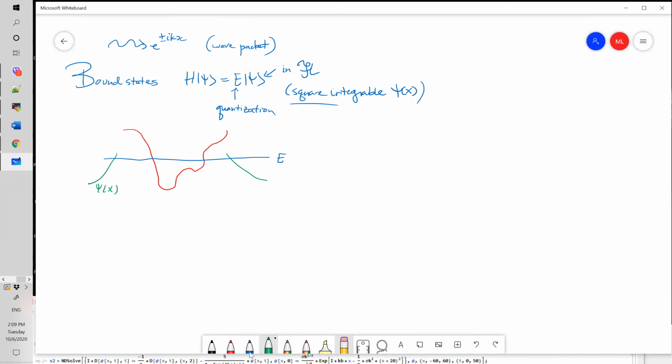And in here, you have oscillations. In general, your wave function looks something like this. And we'll see that we don't always get solutions like this for any value of E.